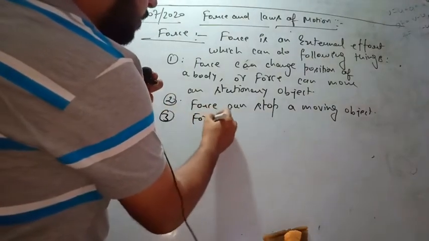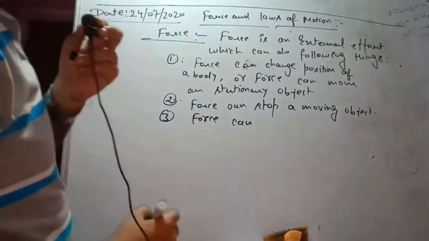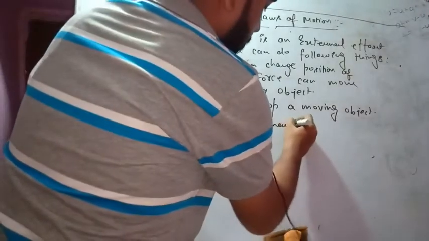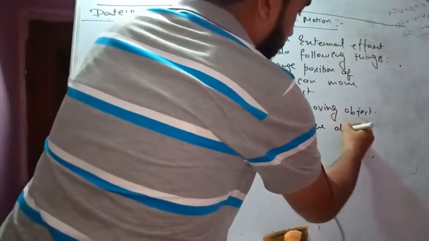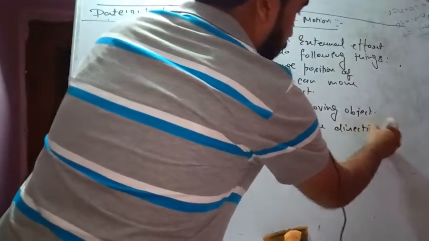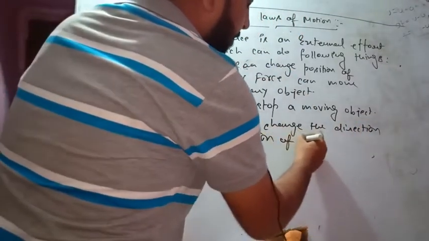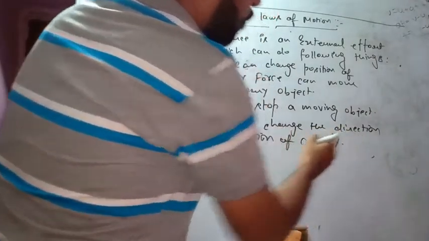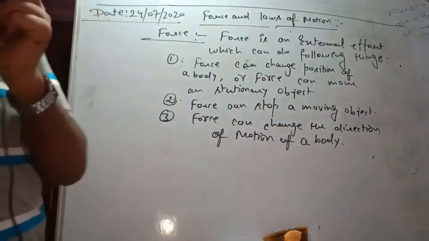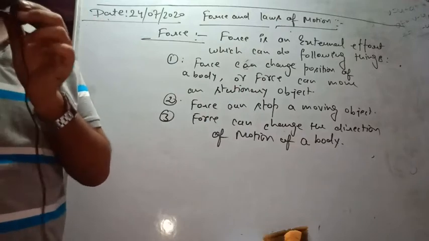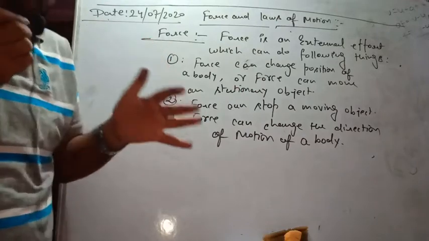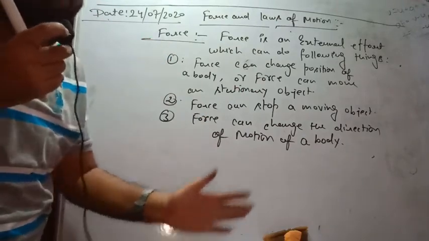force can change the direction of motion of a body. Suppose a body is moving in a particular direction and I apply a certain amount of force, then I will be able to change the direction of motion of the object.